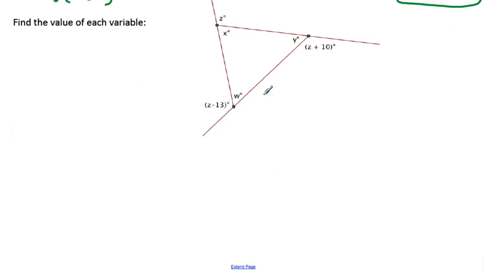I mean, what can we do here? Well, the only thing you know is that the exterior angles add up to 360 degrees. We just did that. All of these exterior angles add up to 360 degrees. So if I didn't know that, I'd probably be stuck without some higher math. But looking at this, if I add all the exterior angles, so if I add z plus z minus 13 plus z plus 10, okay, you ever cross your z's?